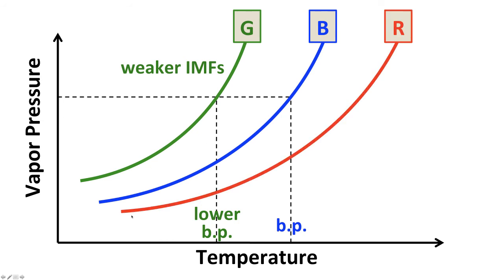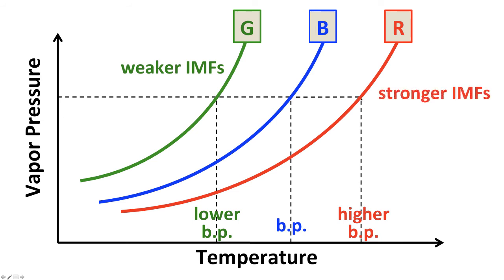Now, if we look at the vapor pressure curve for substance R, we have to raise substance R to a temperature shown here by this line, and that's where it's going to boil at a much higher temperature because we have to get to this temperature before the vapor pressure equals the external pressure, and that, of course, corresponds to stronger intermolecular forces.